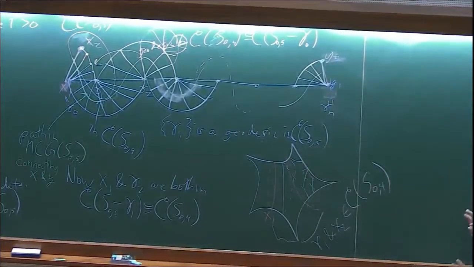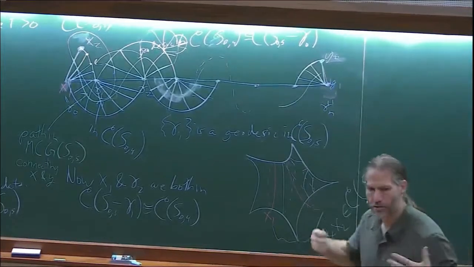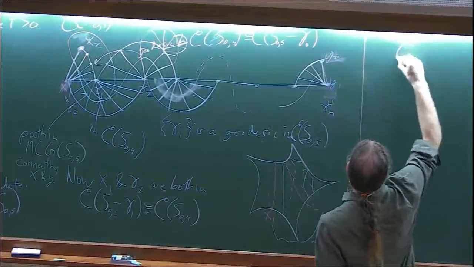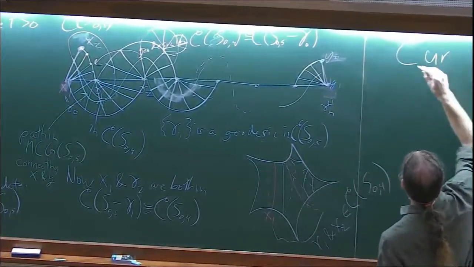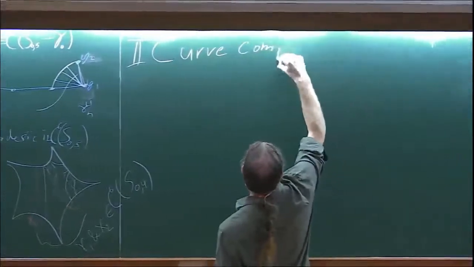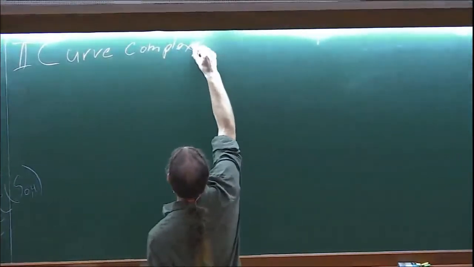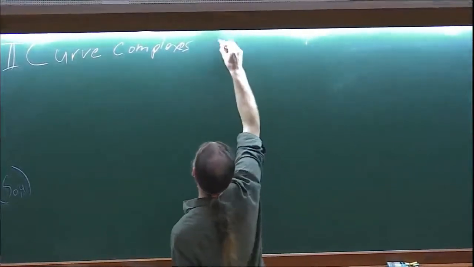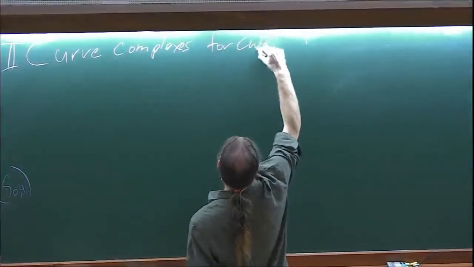Okay, so having said that, I'm going to sort of start over again. So this is really where talk 2 starts, so I'll call this talk 2. This is curve complexes. We've been talking about curve complexes for the mapping class group, but these are going to be curve complexes for cube complexes.